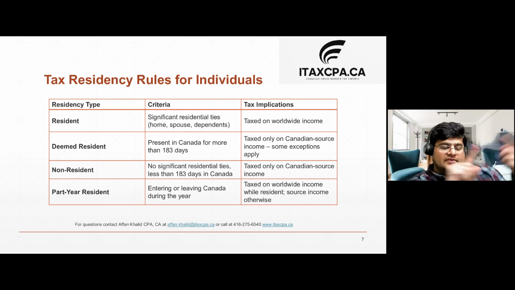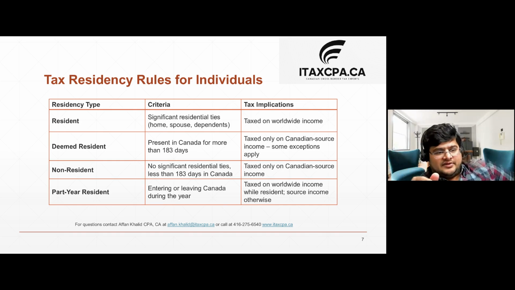And then in the US, when the individual files their regular tax return 1040, they should be able to claim a foreign tax credit for any Canadian taxes paid. But if you are staying in Canada for less than 183 days, and there are a few other conditions, then you should be exempt. Or if you have already applied for the waiver, then your salaries are exempt from Canadian taxation. Okay.